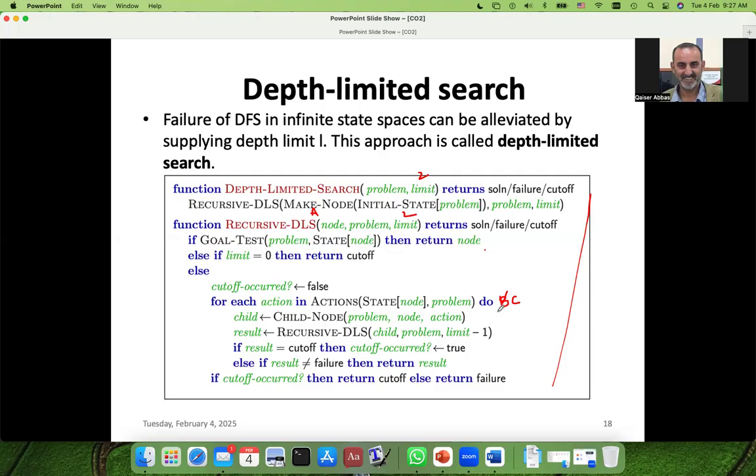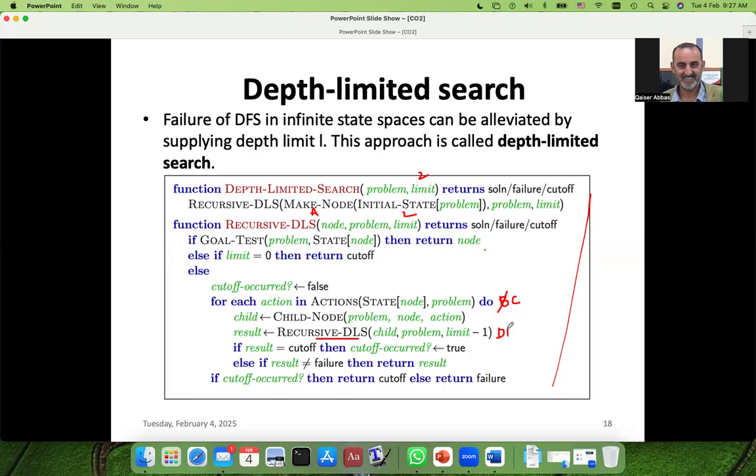For B, this loop is now done and we are checking, and then here we are calling this recursive DLS. What are the children of this B?